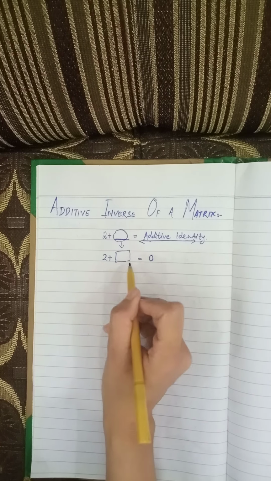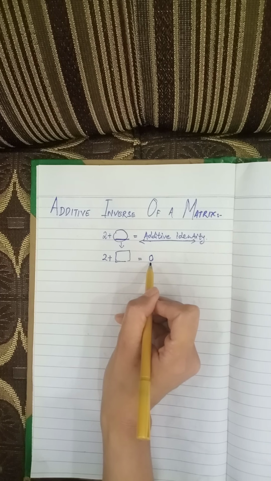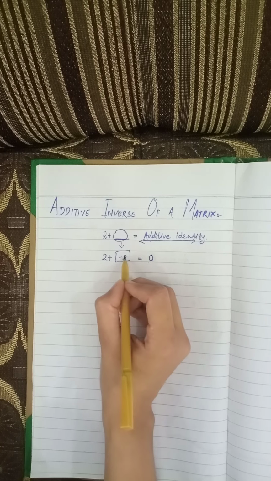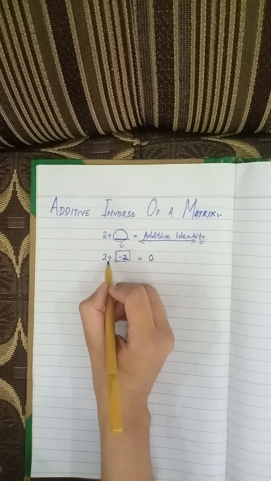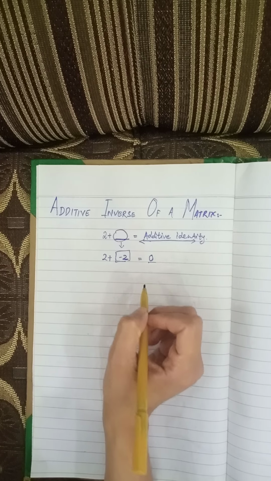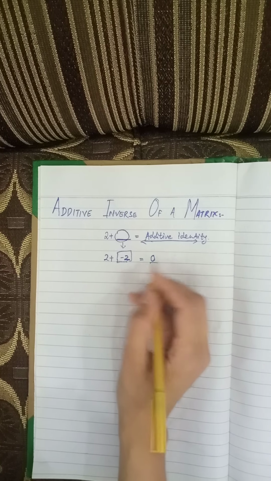So what would be the number which when added to 2 gives us the additive identity 0? The number is minus 2. Minus 2 is such a number which when added to 2 always gives us 0. Okay? This is the basic concept of inverse.